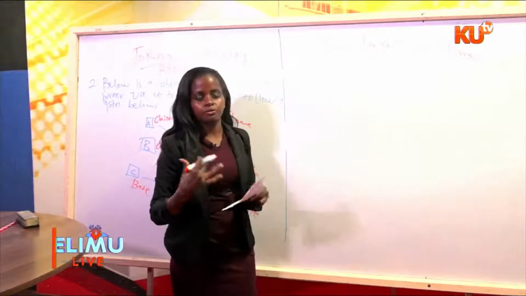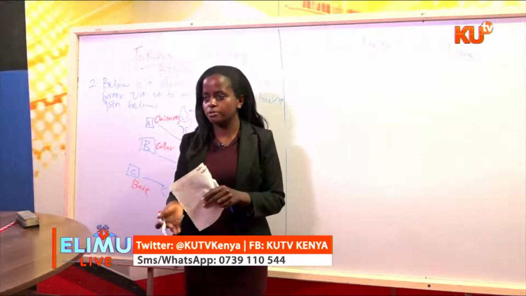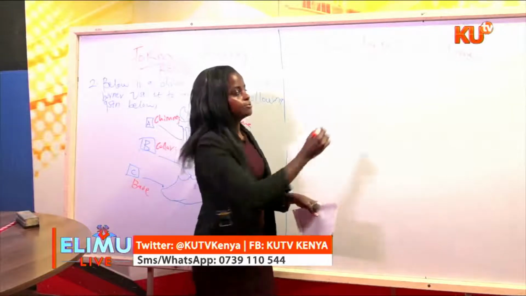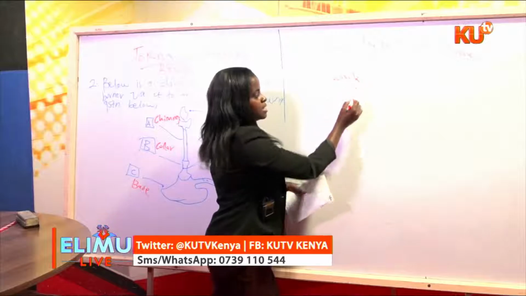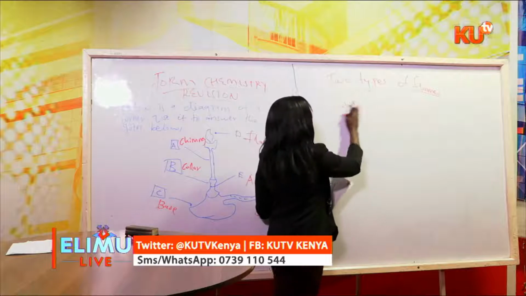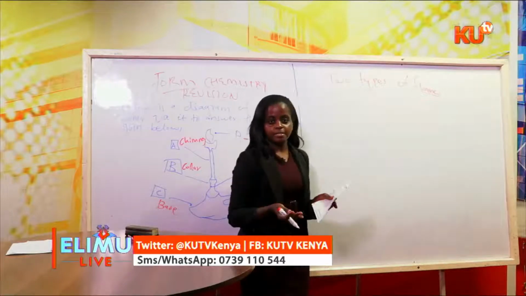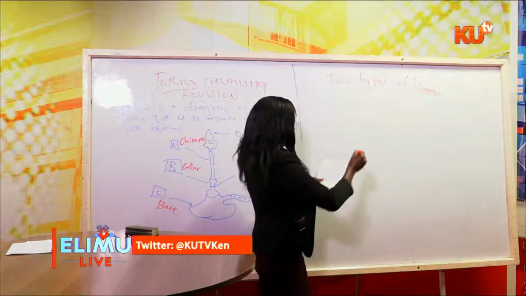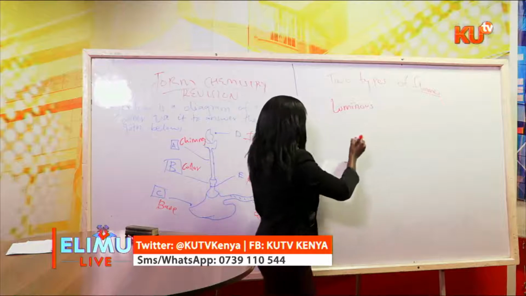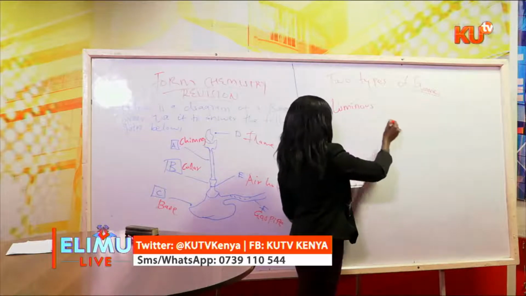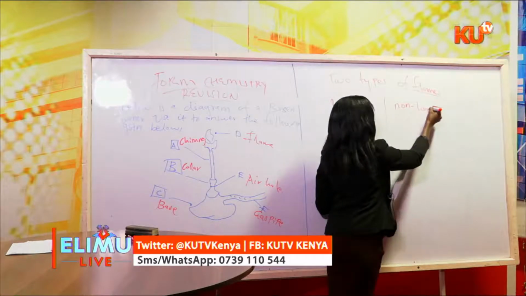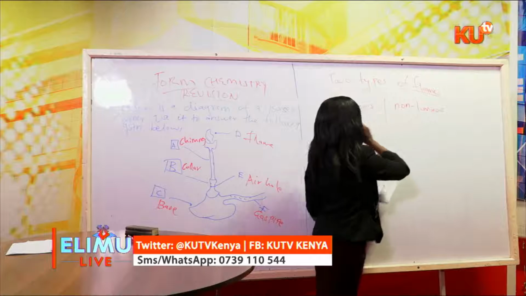When you're told to give a difference, you can either use conjunctions, like you say luminous flame is yellow, while, so you can use a conjunction like while to differentiate between a luminous flame and a non-luminous flame, or you can use a diagram. In this case, I'm going to use a diagram. So we have luminous, and then there's another one, non-luminous flame.